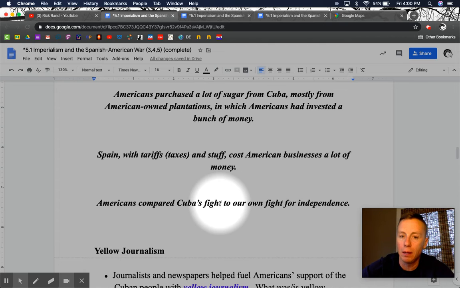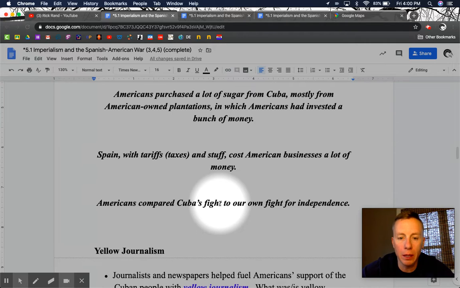So it was like half the time. So they were even more nostalgic for America's fight for independence. So when Americans saw Cubans doing the same thing, the inkling was to support the Cubans, kind of the underdog in the fight, as the colonists may have been.